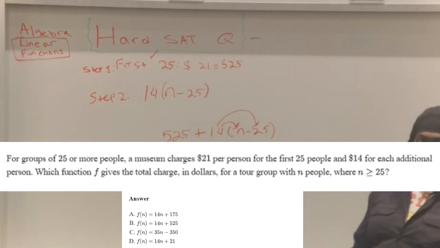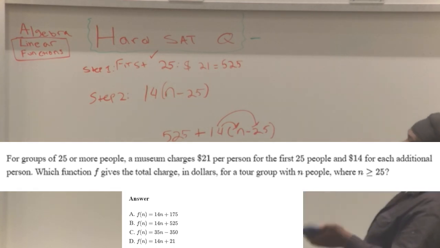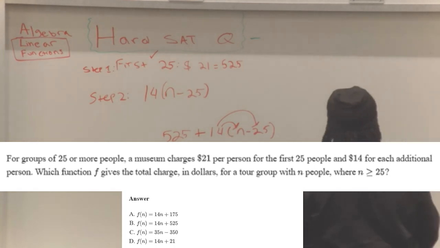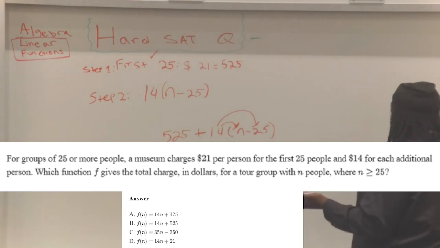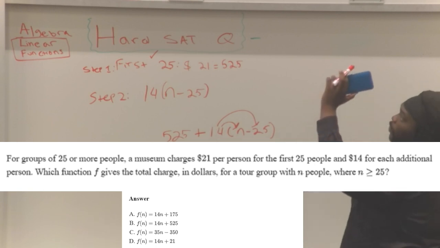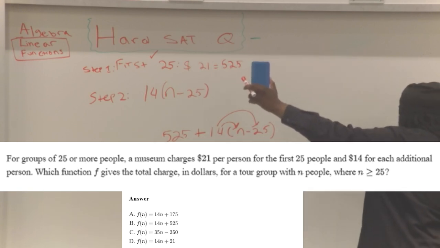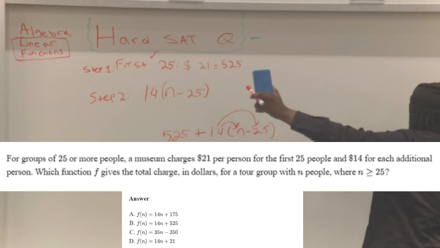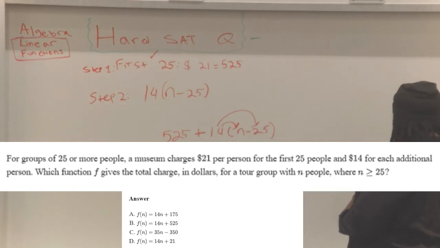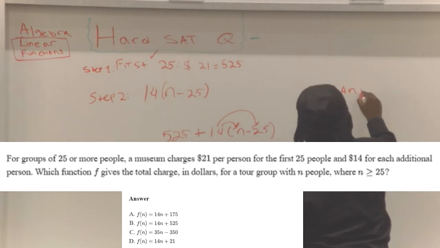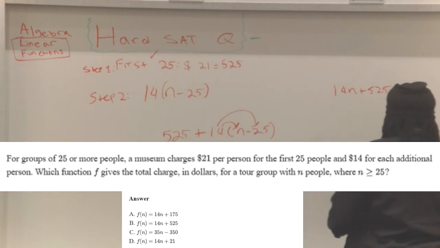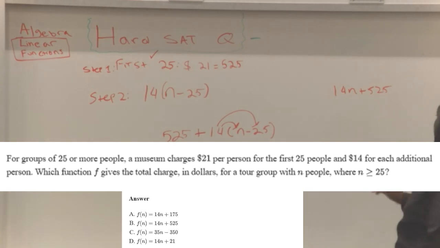But like I always like to say, we're going to go through the following choices just to make sure we didn't slip up, because a mistake can always happen. So let's just check it out. For B, it says 14n plus 525, right? So why would this be an issue? If all n people pay $21, that's what it would be.